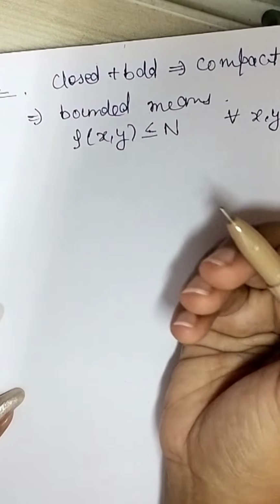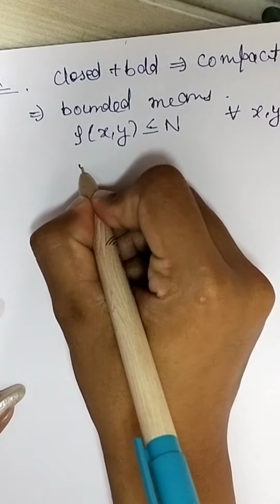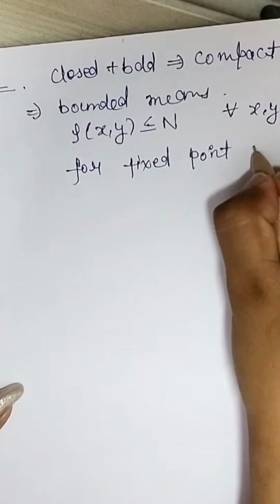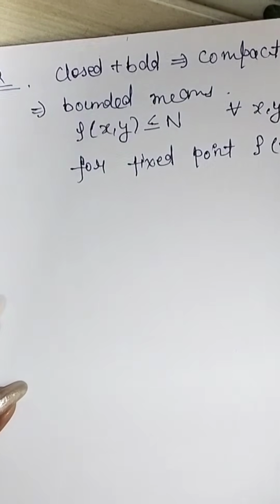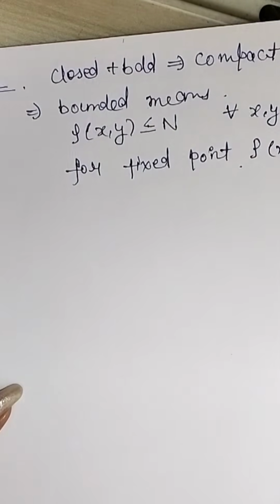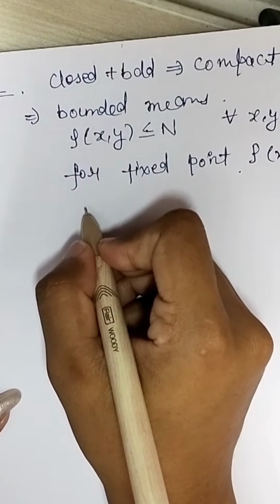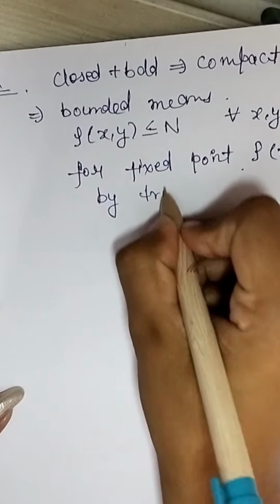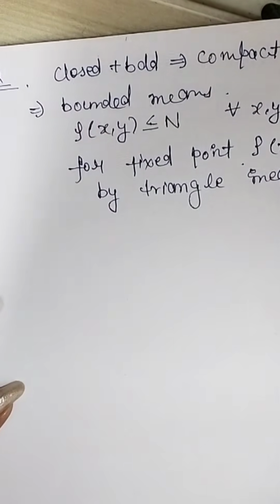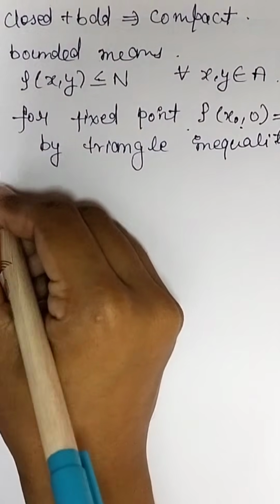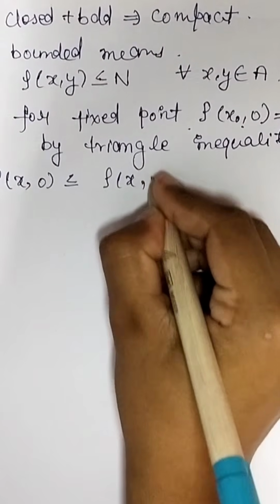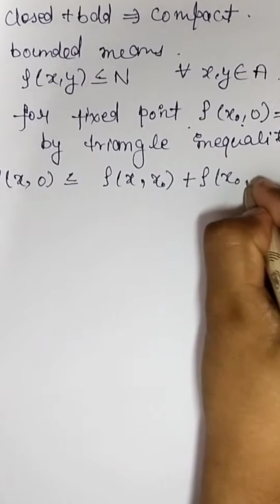Let x naught be a fixed point. For some fixed point, rho of x naught and 0 is equal to b. So by triangle inequality, the distance between x and 0 is less than or equal to the distance between x and x naught plus the distance between x naught and 0.